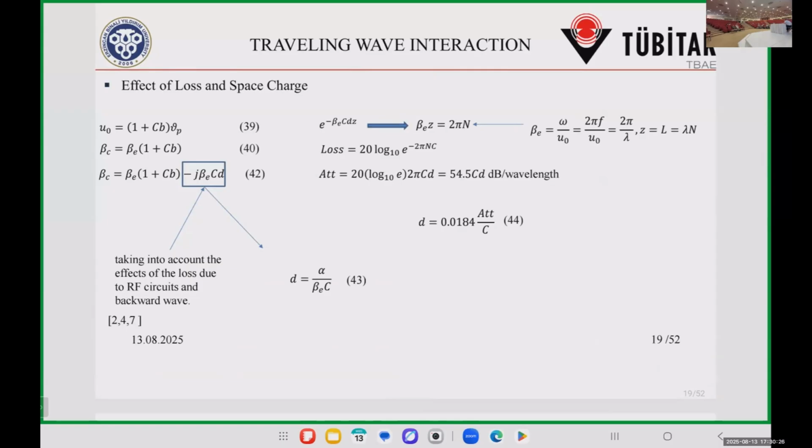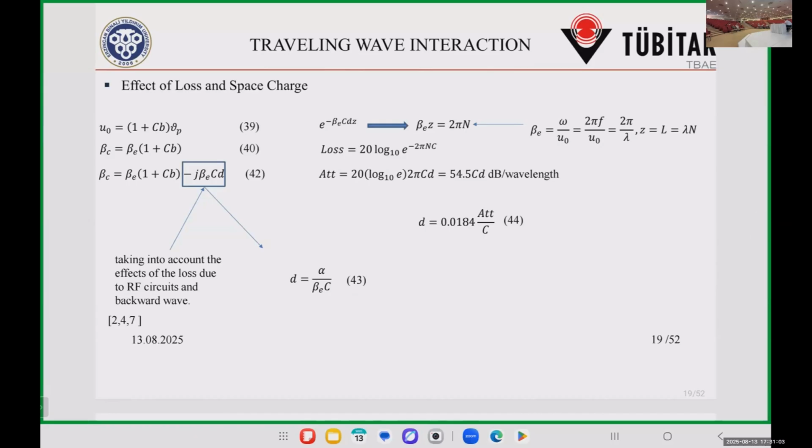We can add a loss parameter here, minus j beta E C D. This can be written as j alpha actually. So we can write D here as alpha divided by beta E C in equation 43.